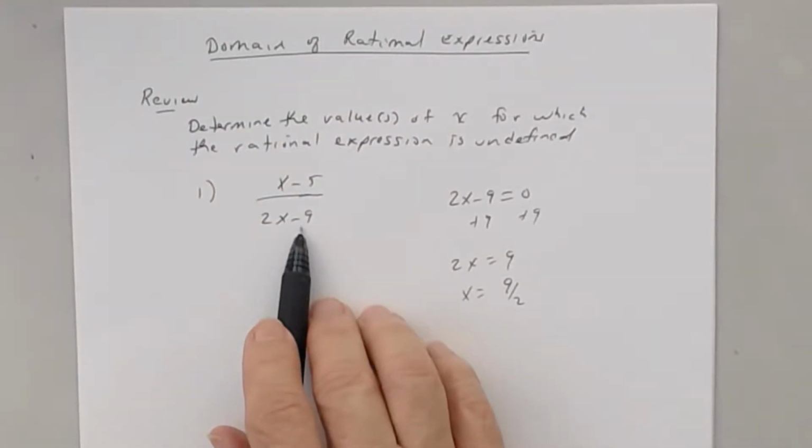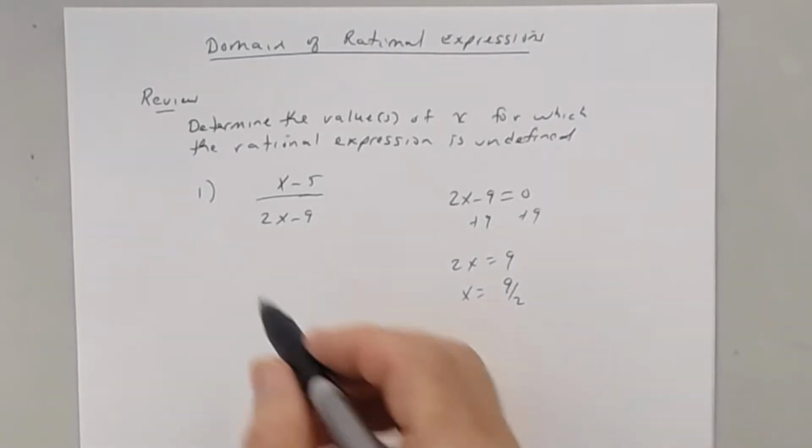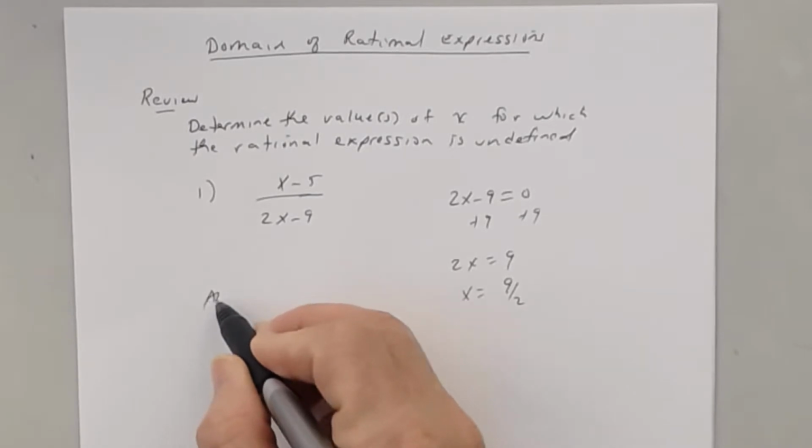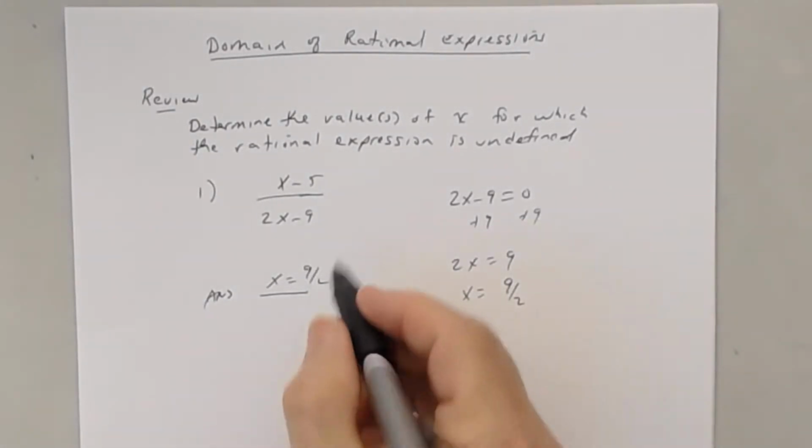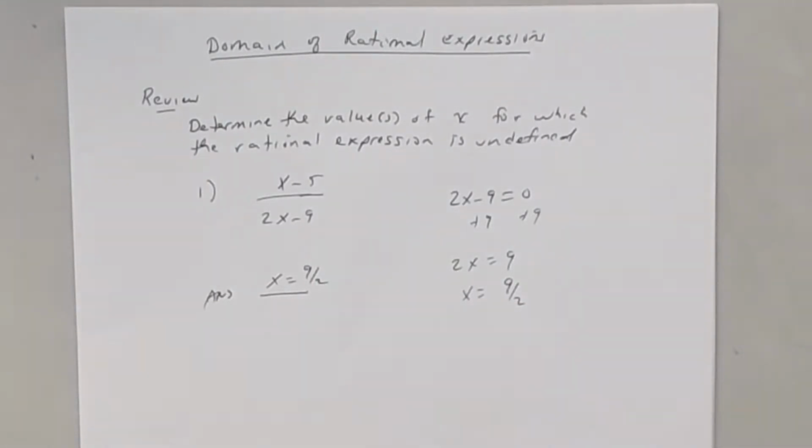And what's 9 minus 9? 0. So what you put in the blank was x equals 9 halves, which is fine. That's a true statement: 9 halves is the value of x that makes this rational expression undefined.